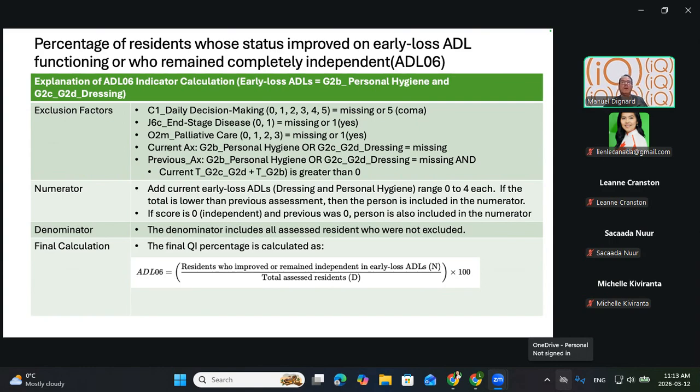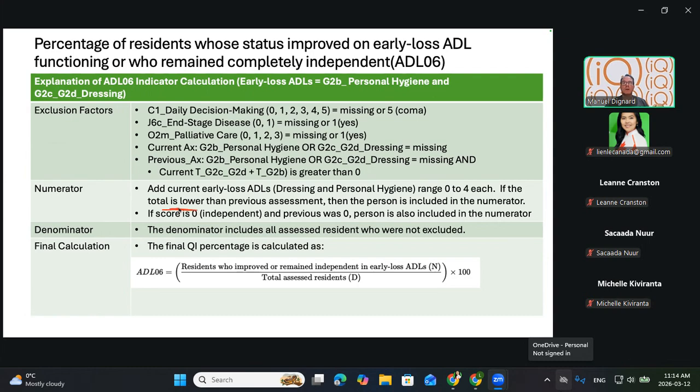So these are the exact same exclusions, right? Coma, end stage, palliative, data missing now, data missing previously. We take personal hygiene and dressing, we code them, we transfer, we get that temporary variable from 0 to 4, 0 to 4. So we're coding between 0 and 8.